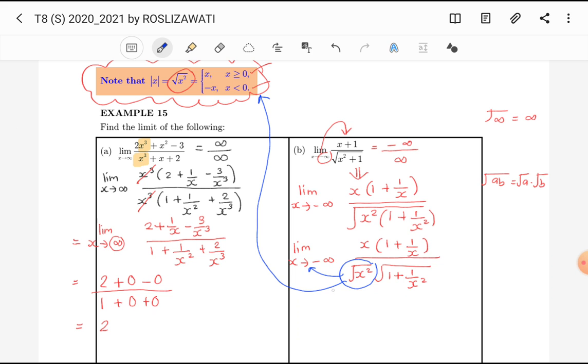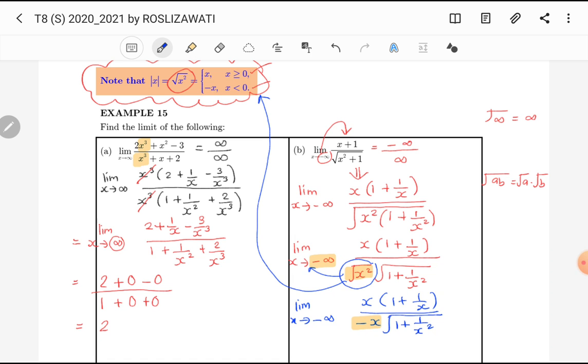Meaning that kita akan replace dengan apa agak-agak? Cuba teka-teka. So, kita akan replace dengan negative x. Very good. Okay, so 1 plus 1 over x squared samalah. Okay, so tengok semula. Saya replace square root of x squared with negative x. Kenapa? Sebab your x approaches negative infinity.